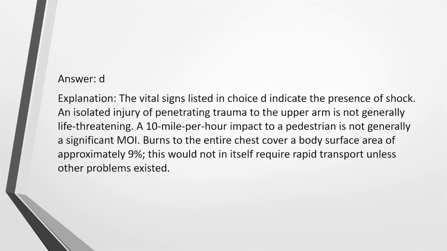Answer: D. Explanation: the vital signs listed in choice D indicate the presence of shock. An isolated injury of penetrating trauma to the upper arm is not generally life-threatening. A 10-mile-per-hour impact to a pedestrian is not generally a significant MOI. Burns to the entire chest cover a body surface area of approximately 9%. This would not in itself require rapid transport unless other problems existed.